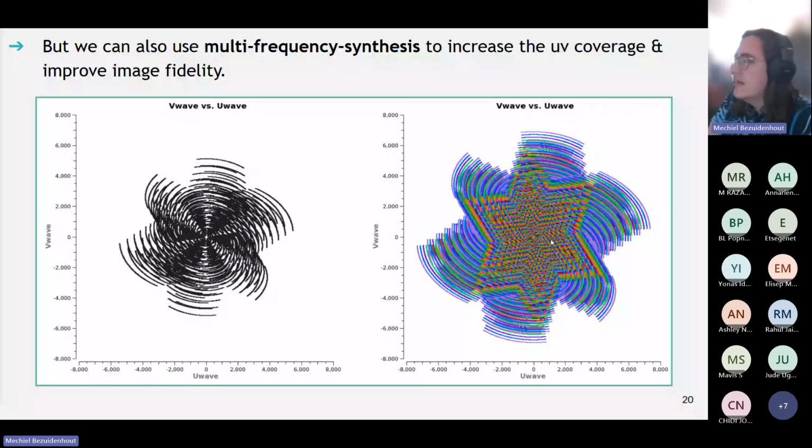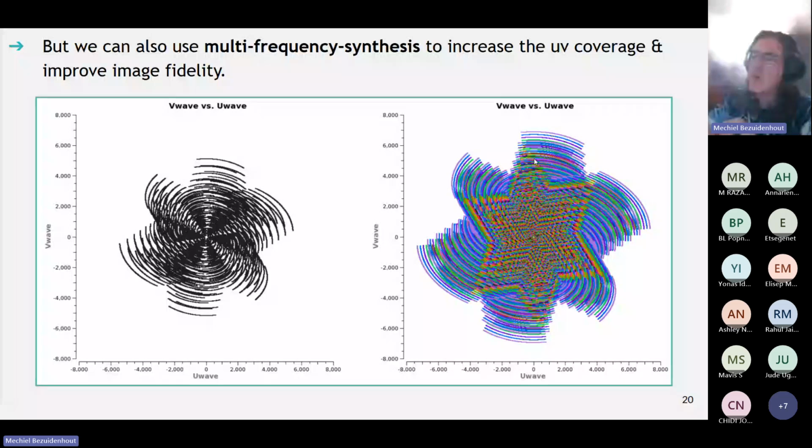You can also see here the red color represents the lower frequencies, and the violet represents the higher frequencies. And at the higher frequencies, because they have such short wavelengths, they sample the UV plane up to very far away from the center, and these set the resolution of the image.